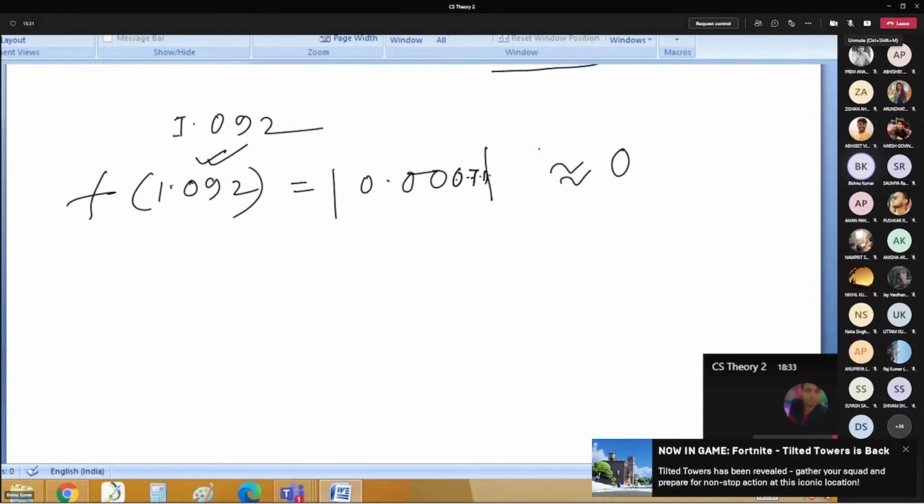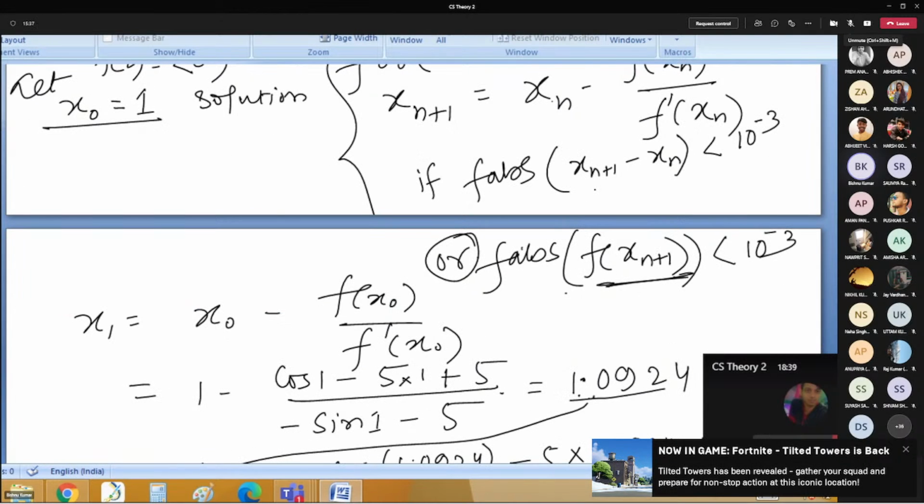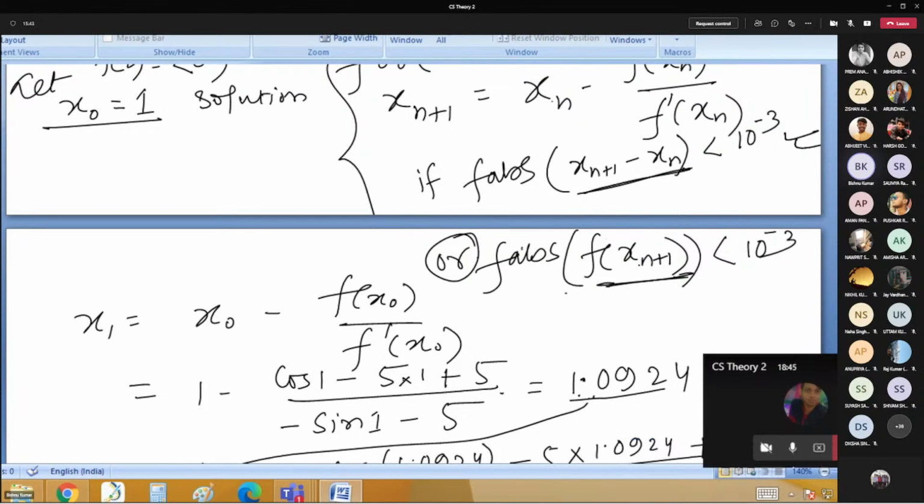No problem. So you have written that structure here. Within the loop, you check that in 2 consecutive iterations it matches up to 3 decimal places. And if in any iteration you think the iterated value is the solution, the functional value is less than 10 to the power minus 3, meaning it looks like 0.